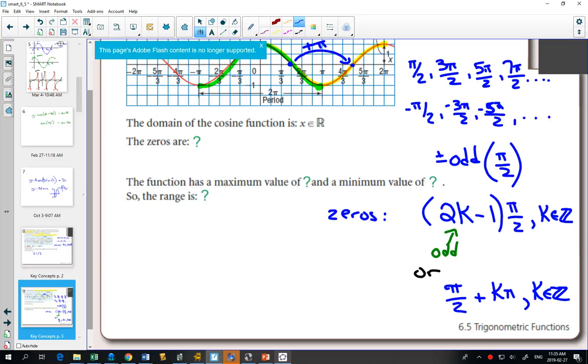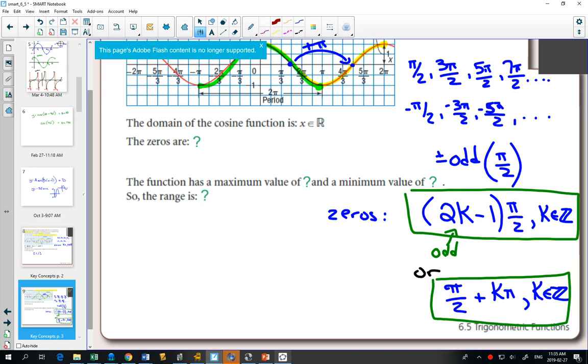Or every time I subtract pi, I end up at another x-intercept. So I could start with one of them and add or subtract pi as many times as I wanted to list them all. So you have to choose either this one or this form for writing all the zeros.